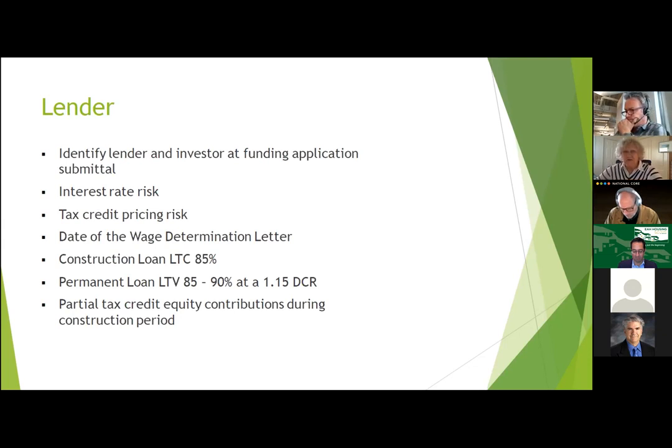It also puts you in a place where if the market starts to move, you may at least be able to look back to those lenders and investors and ask them to hold their pricing. Doesn't always work, but you've got a better chance if you've got them identified and you've gotten commitments from them.